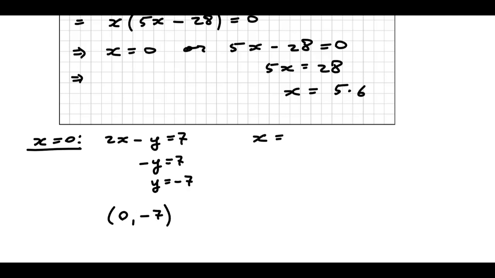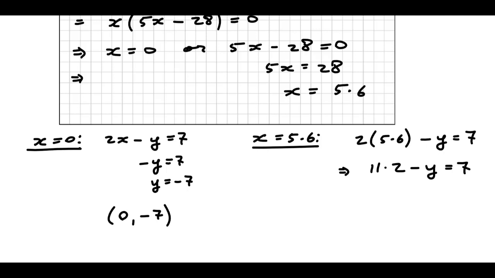If we take x is equal to 5.6, substitute it in, so that's 2 times 5.6 minus y is equal to 7. So that's 2 times 5.6, 11.2, minus y is equal to 7.